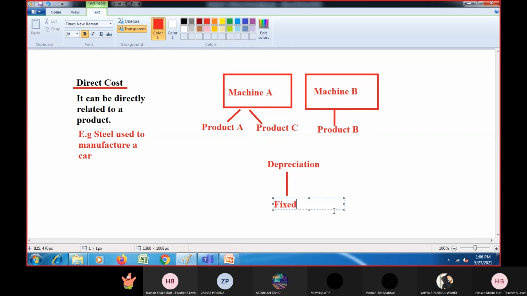The time will come when the machine can no longer be used, and we say that the machine has fully depreciated. The useful life of the machine has gone. Now you cannot use the machine for the purpose you were using it for. You have to sell it off, or throw it in a junkyard, or sell it as scrap.